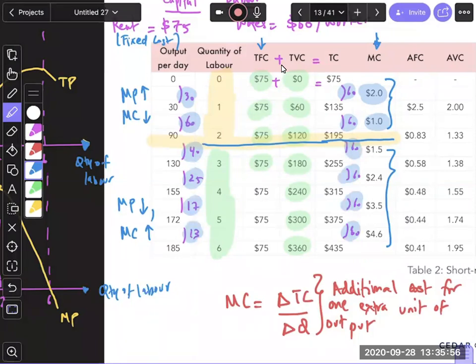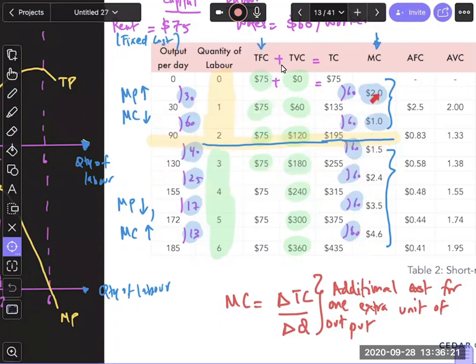What is happening with marginal cost is that for the first 30 units, one extra unit was costing you $2. Then for the next 60, one extra unit was costing you 1. Then for the next 40, it was costing you 1.5, and then it started to cost you more and more.